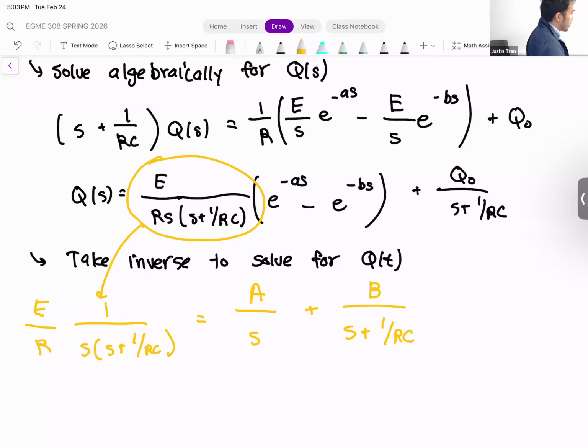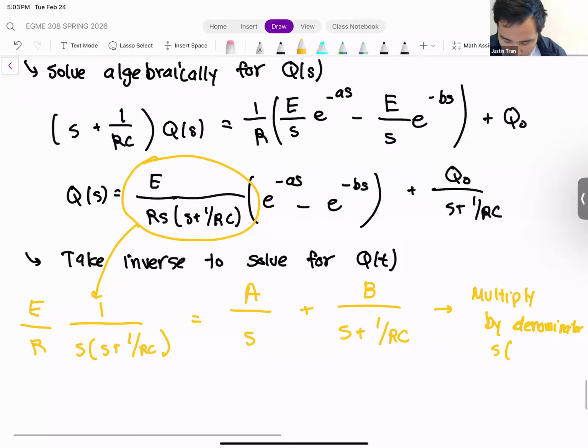Pretty straightforward, we just have a two-term partial fraction. So let's do the same thing we did in the last example and multiply by the denominator, the denominator being s times s plus 1 over RC.